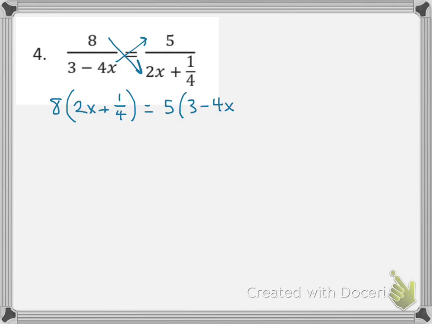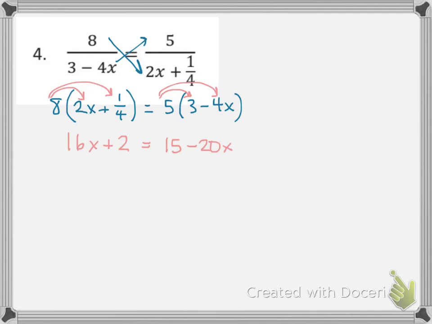Okay, distributive property. 8 times 2x is 16x. 8 times 1/4, well, that's 8/4, which is 2. Positive 2 is equal to 5 times 3, that's a positive 15, and 5 times a negative 4x is a negative 20x.